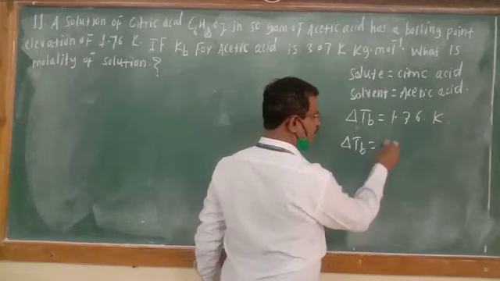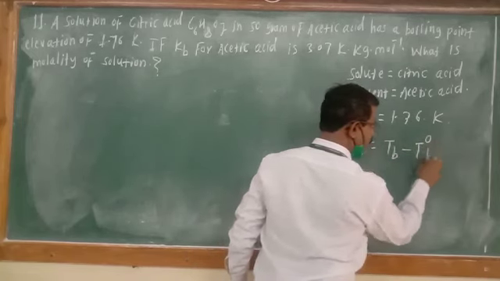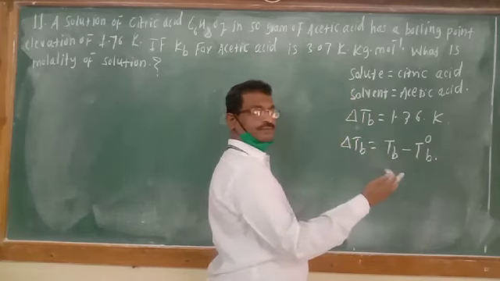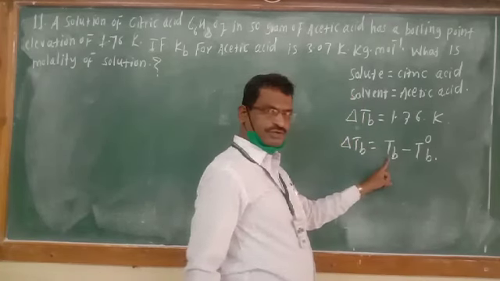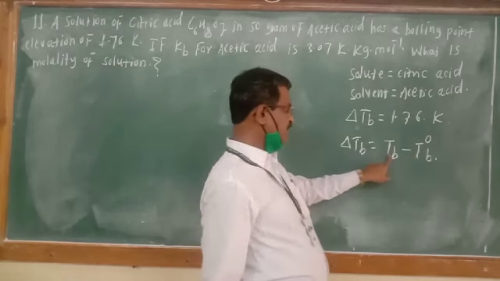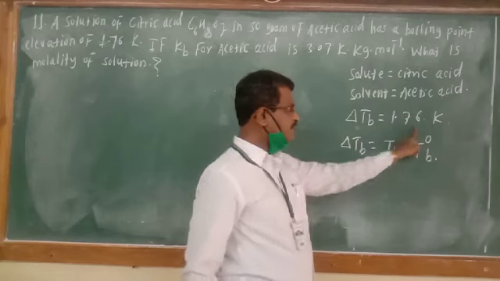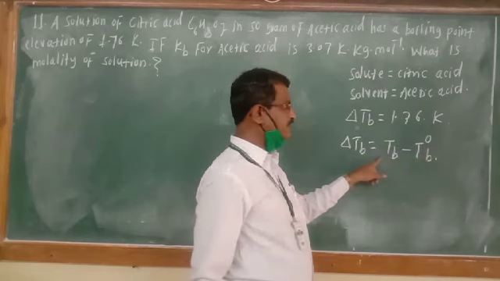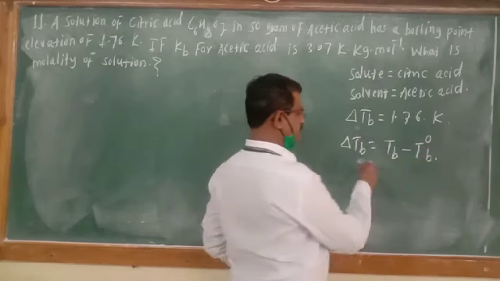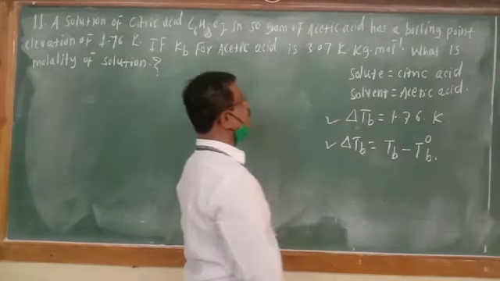Delta TB will be equal to TB minus T0B. Elevation of boiling point. Boiling point of solution minus solvent. Boiling point of solution is greater than solvent. Therefore, this difference is known as boiling point elevation, and directly it is given. This factor is given 1.76 Kelvin.